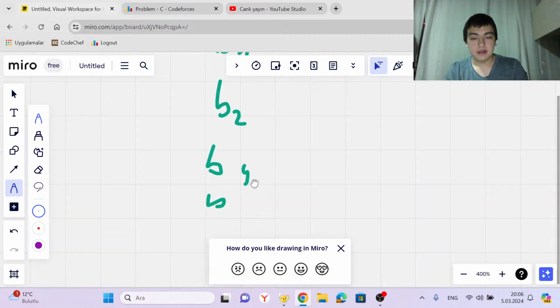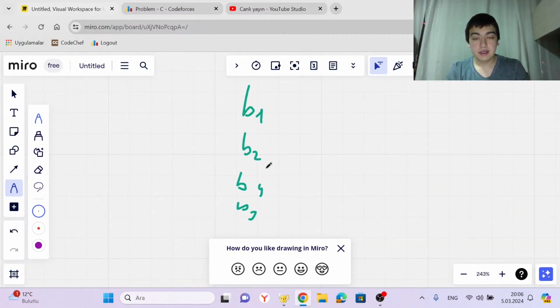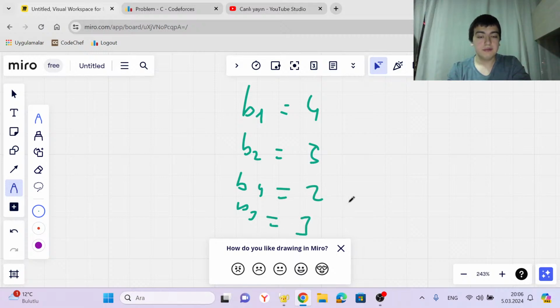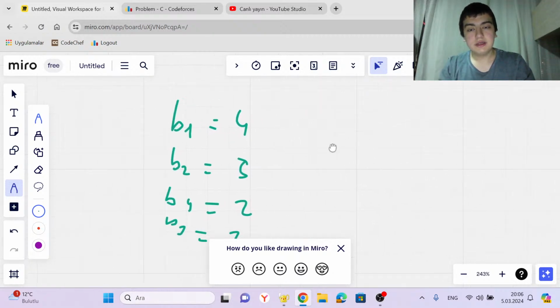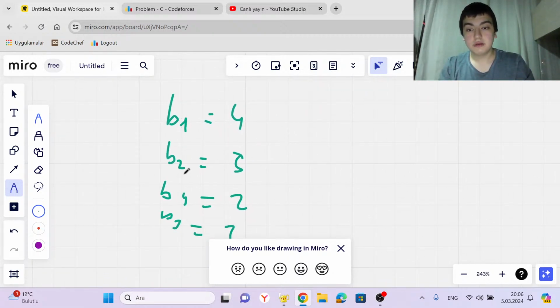If we read the messages in an order like B1, B2, B4, B3, with values 4, 5, 2, 3, we are using our time in a bad way, because we can optimize our time by rearranging these numbers.